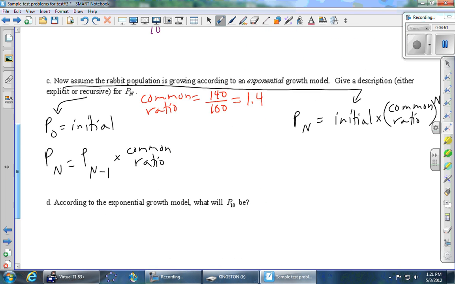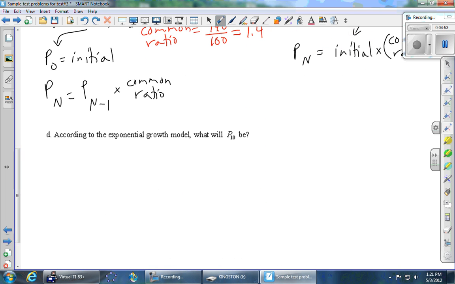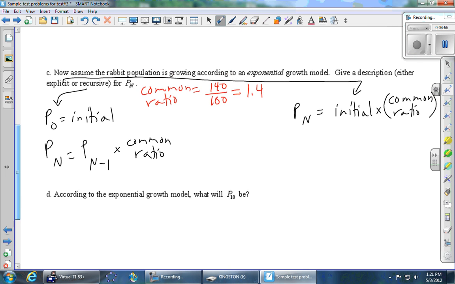So let's go ahead and fill in. We'll put the recursive formula in blue again. So P0, initial amount, still 100. Recursive rule now: Pn equals Pn minus 1 times the common ratio, 1.4, and we're done.